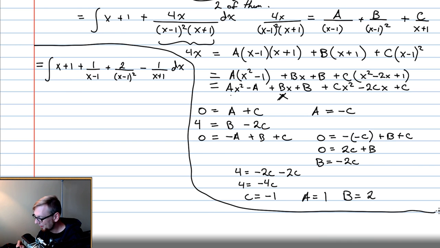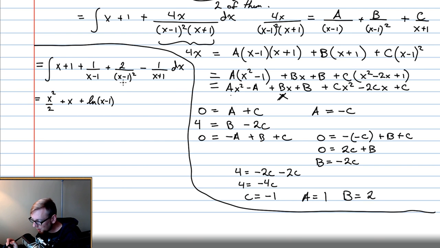So now we can integrate. What are our integrals? Well, the integral of x is x squared over 2. That's just the power rule. And the integral of 1, which is just a constant, is x. Then we've got the integral of 1 over x minus 1, which is the natural log, so this will be the natural log of x minus 1.